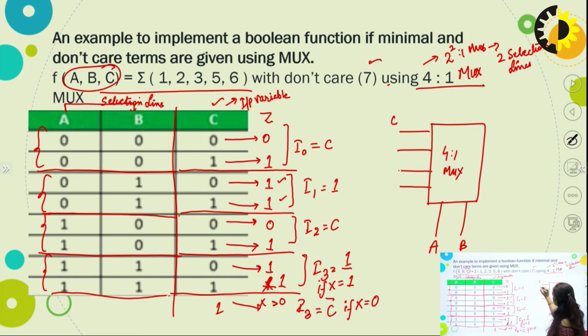The values will be C, logic 1, again C, logic 1, or C bar if x is equal to 0, and 1 if the don't care is treated as logic 1, and we have the single output line Z. Okay, so this way we can realize any Boolean function with the help of a 4x1 mux.